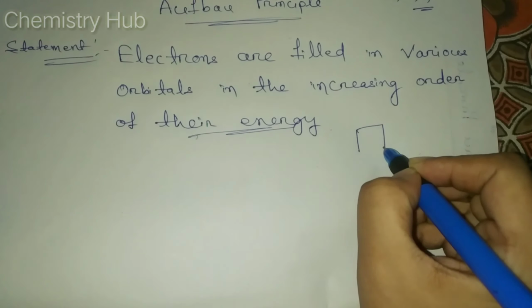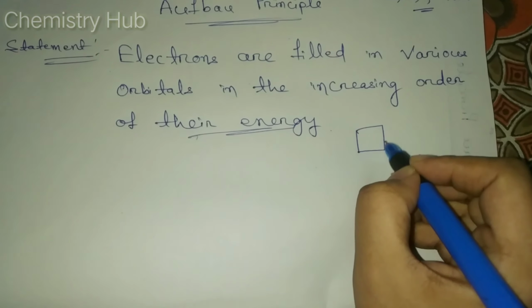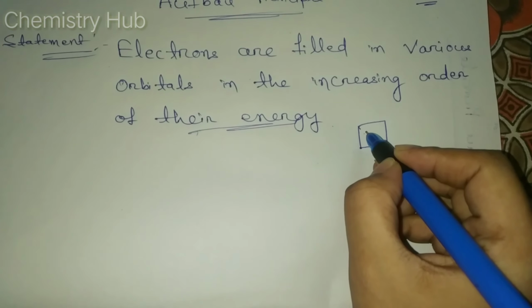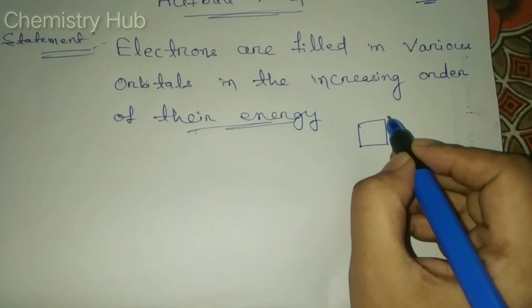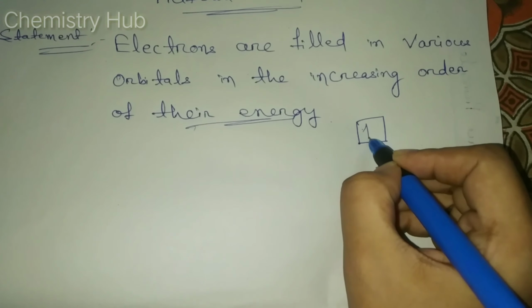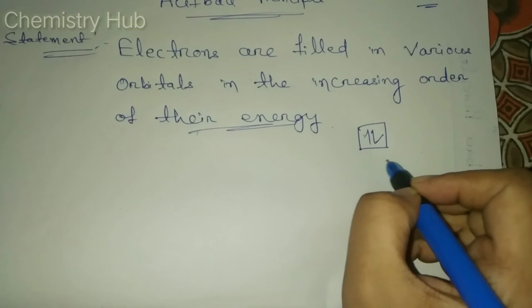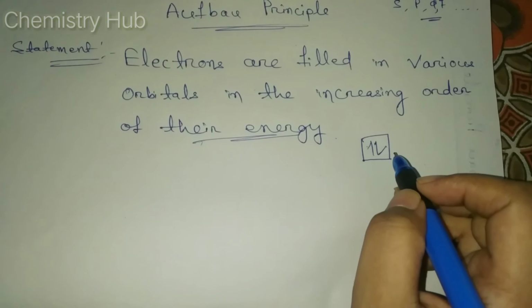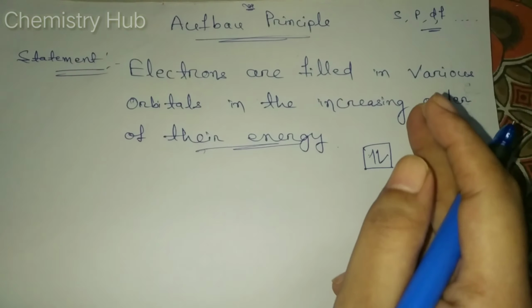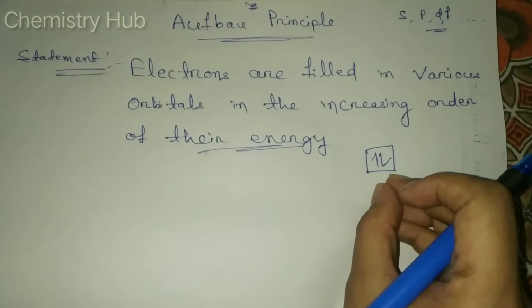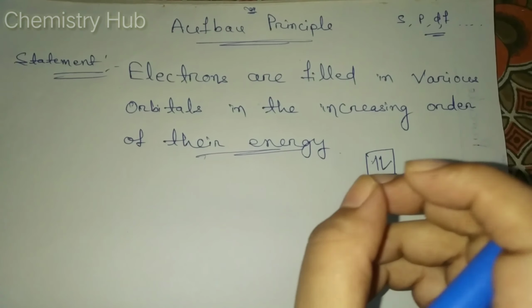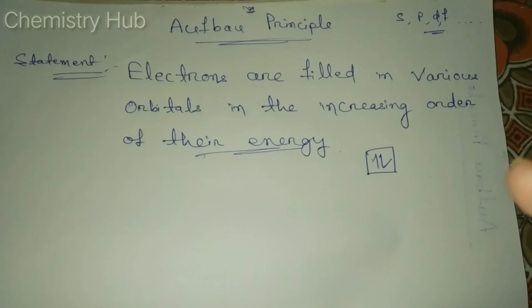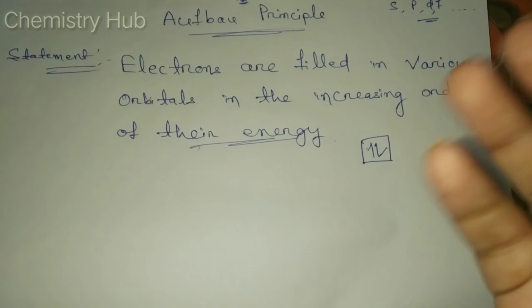Here you can see this is an orbital and the maximum number of electrons present in an orbital is 2. That means the capacity of an orbital is two electrons. Each consists of only 2 electrons, and the number of orbitals present in different subshells is different.